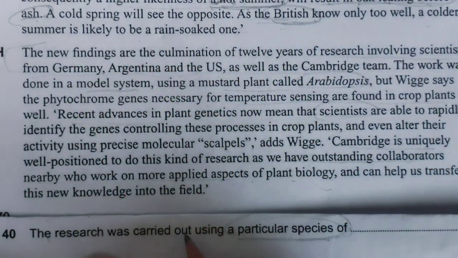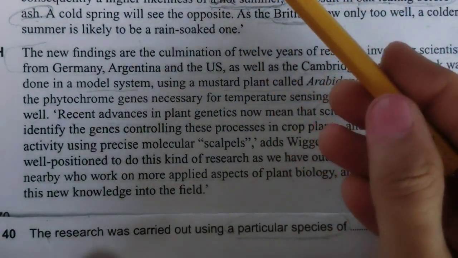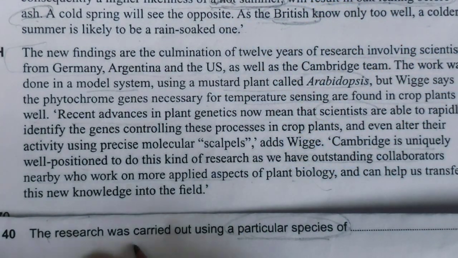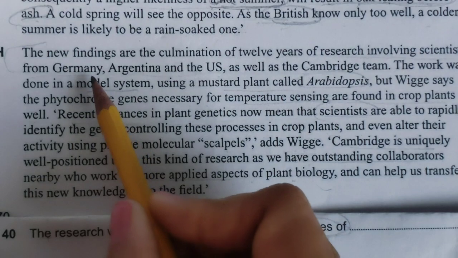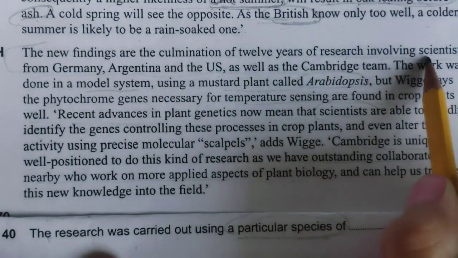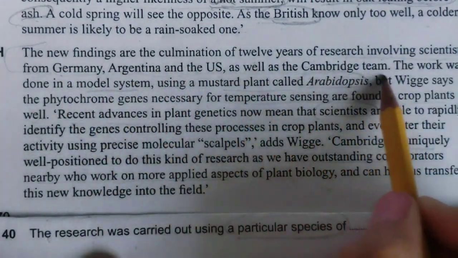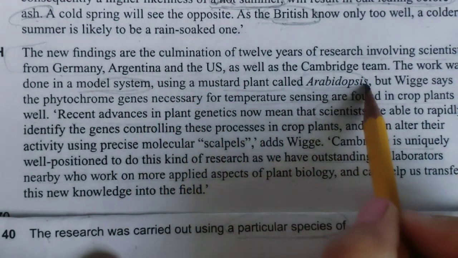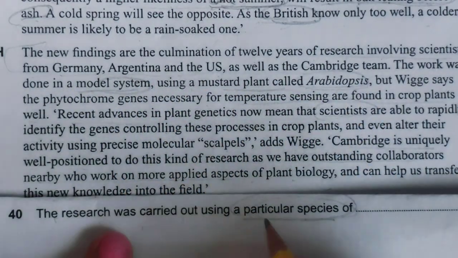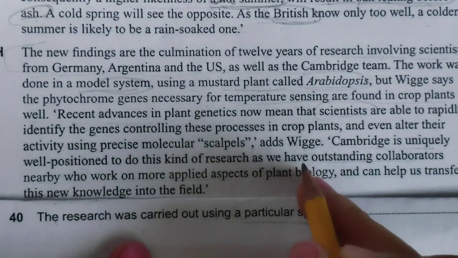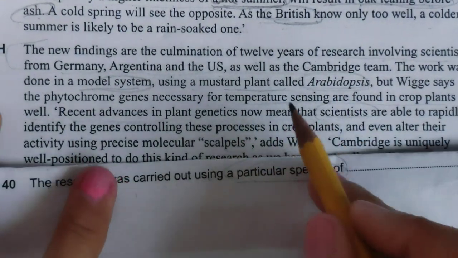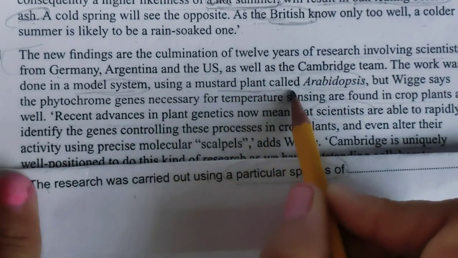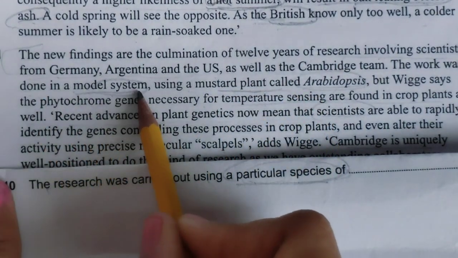So of course this is also a trick. Don't go above to find the next question. You have to go down. So 12 years of research involving scientists and Cambridge. The work was done in a model system using a mustard plant called this. So of course, using a particular species of, this is a species. They are saying the work was done in a model system.